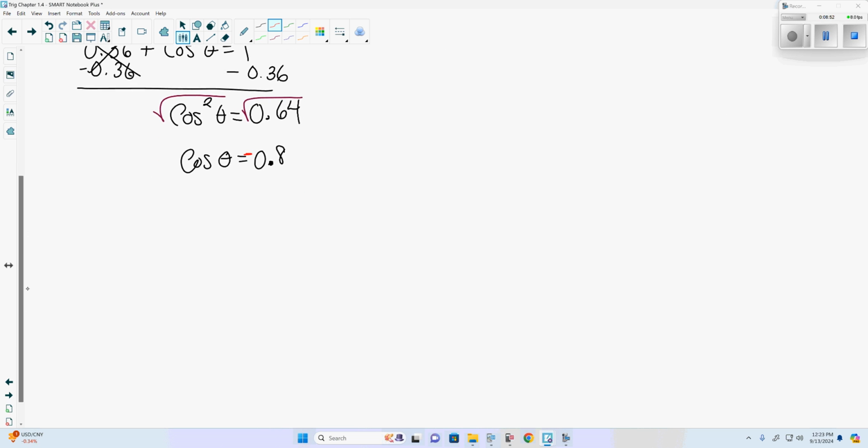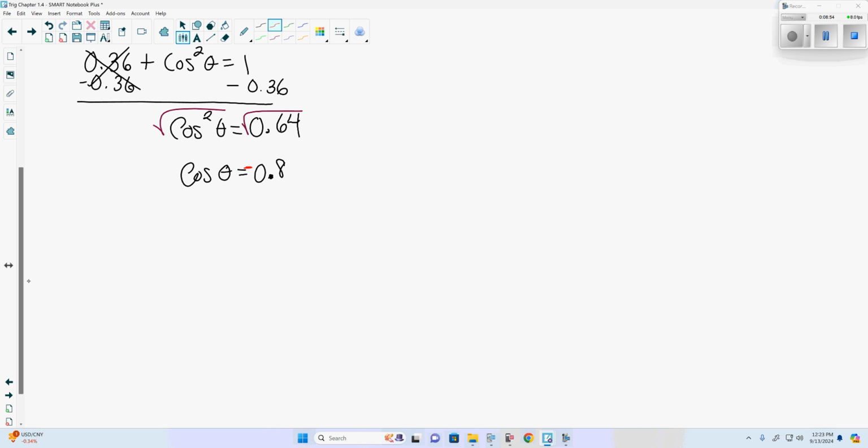And now that we have this, well, we do have the rest. Since cosine is negative 0.8, secant of theta is 1 over cosine's value. So it'd be 1 over negative 0.8.